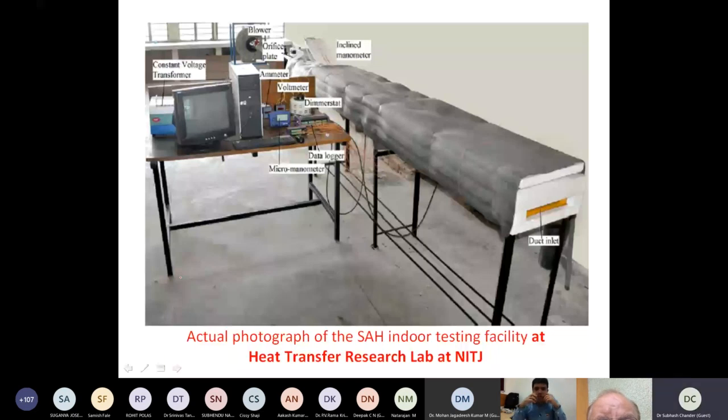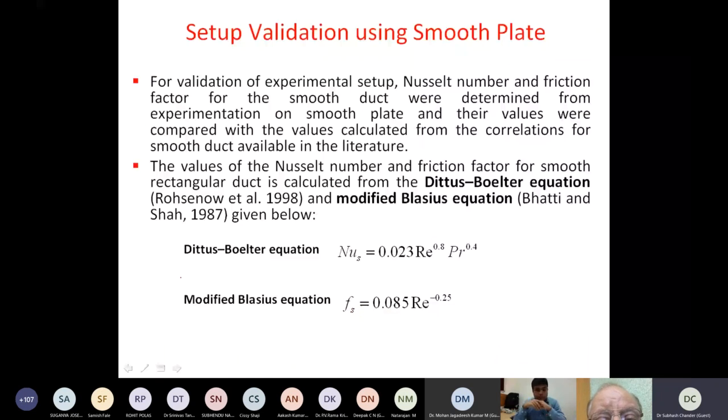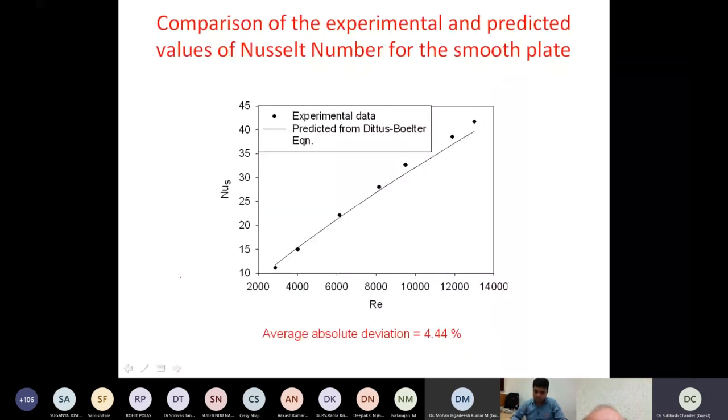Any setup needs to be validated to be sure we are going to get correct information. For that we did a comparison with the smooth plate, because the roughened plate we have used is being tested for the first time.